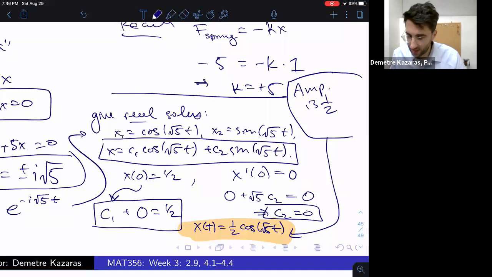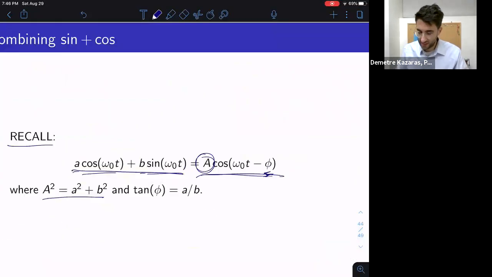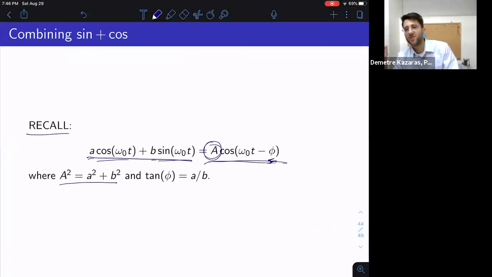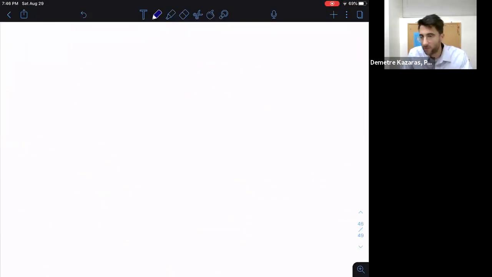It so happened that I did not need to use the remark that I explained in the previous slide here. But if the initial conditions were such that you had both a non-trivial sine and cosine, then to figure out the amplitude, you would need to use this equation.